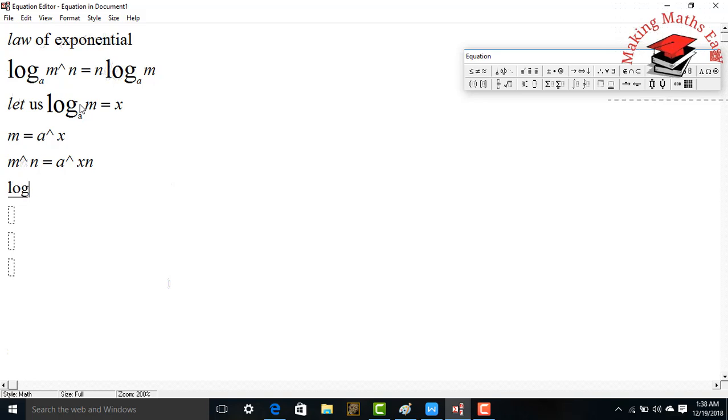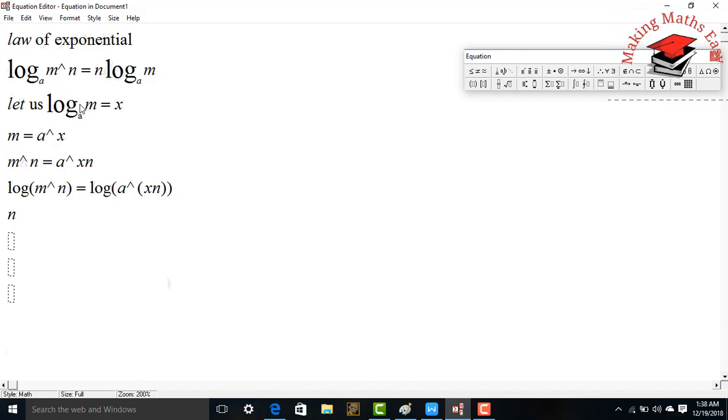So the log of m raised to n is equal to log of a raised to xn. Okay, so the xn will come in the front, and n here also will come in the front by the definition of logarithm.